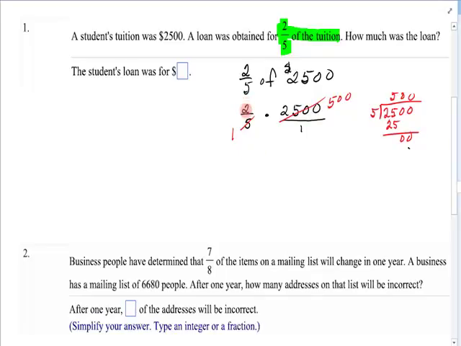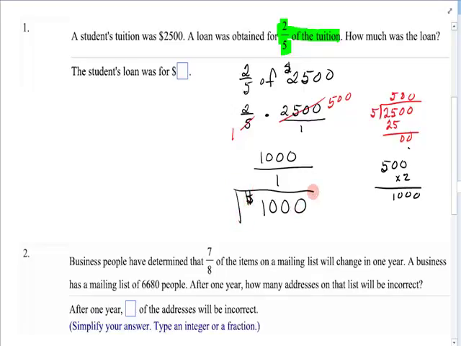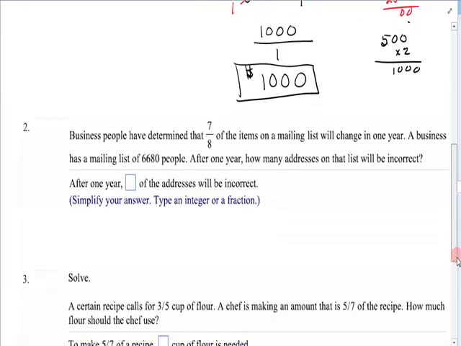Multiply the tops. 2 times 500 gives me 1,000. I was a little bit sloppy with that. The numerator is 1,000, and the denominator, 1 times 1 is 1. We will write that as 1,000, and there will be a $ sign in the box. So 2/5 is a piece of the 2,500. What size piece? $1,000.